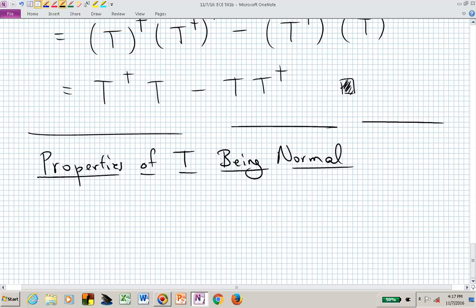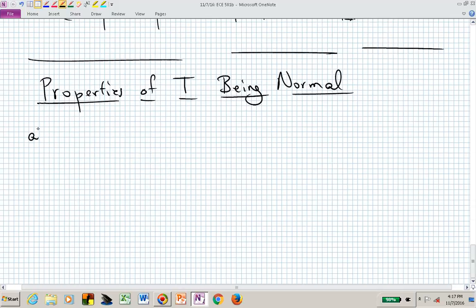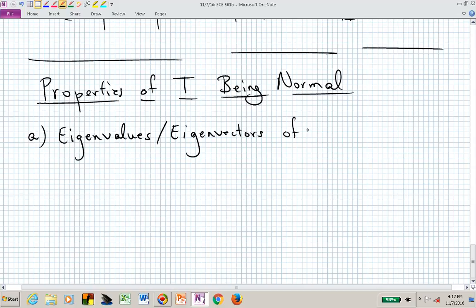And let me state those, and then we'll talk about them more formally. The first one is that we want to see if there's any kind of relationship between eigenvalues and eigenvectors of the operator T and its adjoint. And we also want to talk about what happens when we have distinct eigenvalues of an operator, and we will show that that actually gives rise to orthogonal eigenvectors.